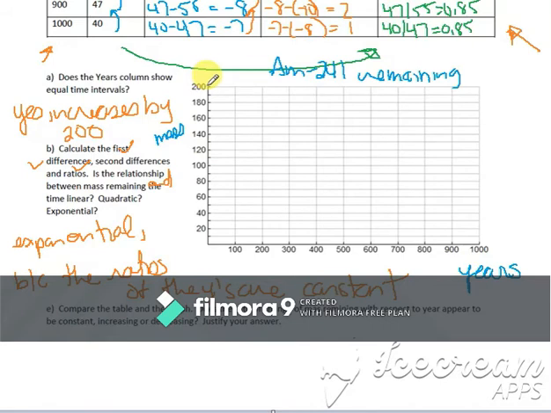It starts at 200, and then it goes down to 170, and then 145, 124, 105, 90, 76, 65, 55, 47, 40.